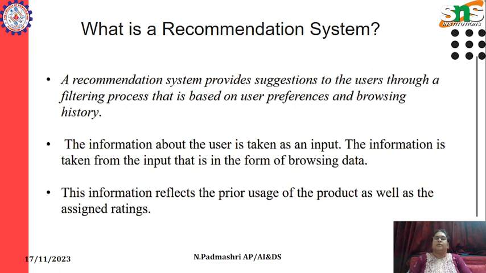The input to the recommendation system is all about the user's browsing data. The information about the user is taken as an input, in the form of browsing data. The information reflects the usage of the product as well as the assigned ratings.